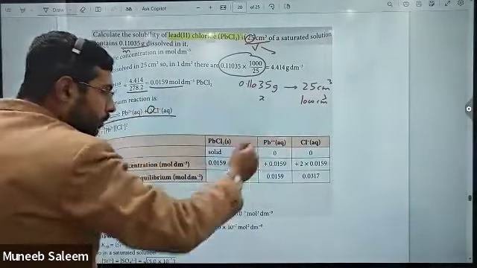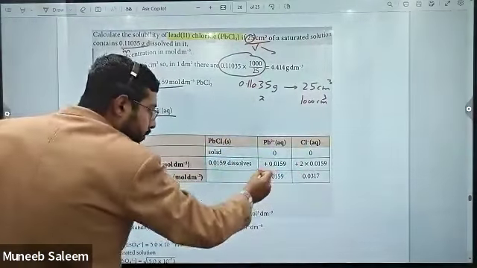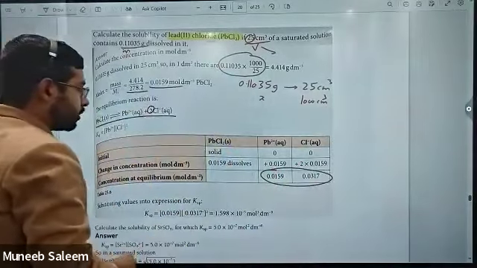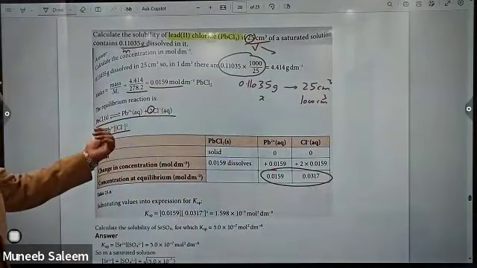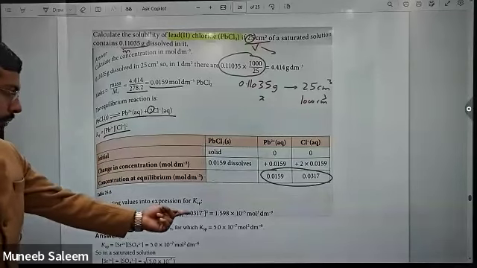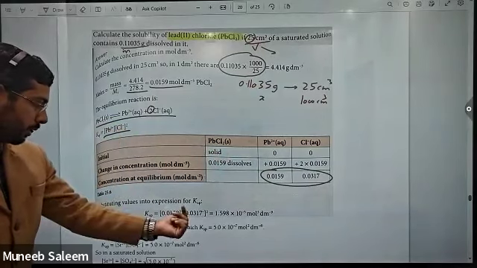So two times moles of that will be produced. Now you will substitute these values into the expression of KSP. This is the expression of KSP. So lead will be the same value, but for chloride ions, it will be 2 times of that value. So you substitute the value here.